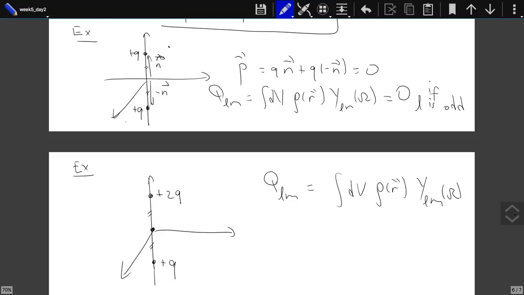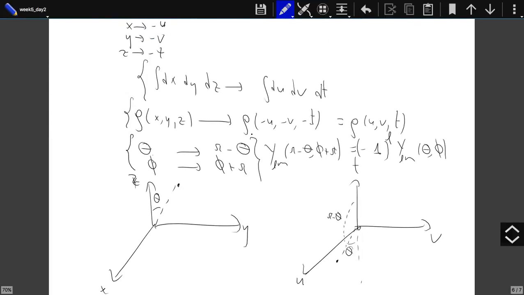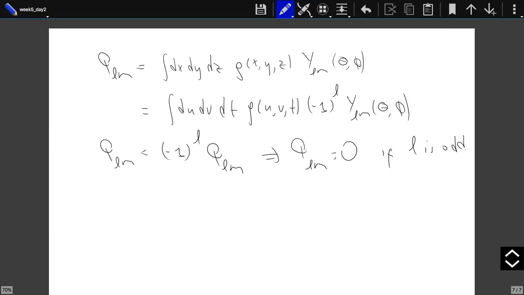If it changes sign, like if we have a dipole, for a dipole all the even moments would be 0. Because in that case, if we make this change, rho will acquire an additional minus sign. So Q_LM will be minus 1 to the L plus 1 Q_LM. So Q_LM will be 0 if L plus 1 is odd, that is if L is even. So if we have plus Q charge, minus Q charge, then all even moments vanish. If we have plus Q, plus Q, all odd moments vanish.